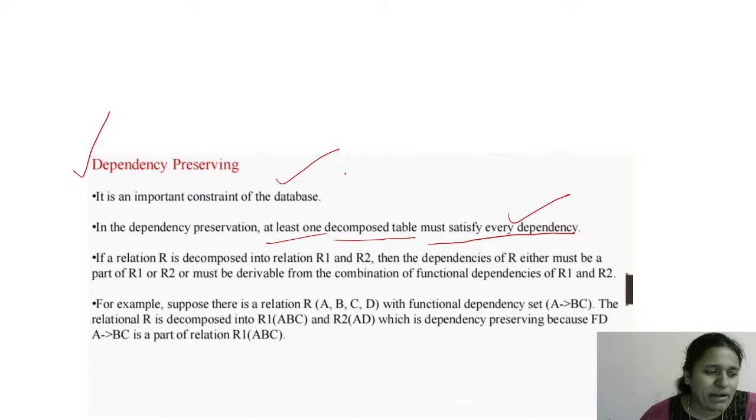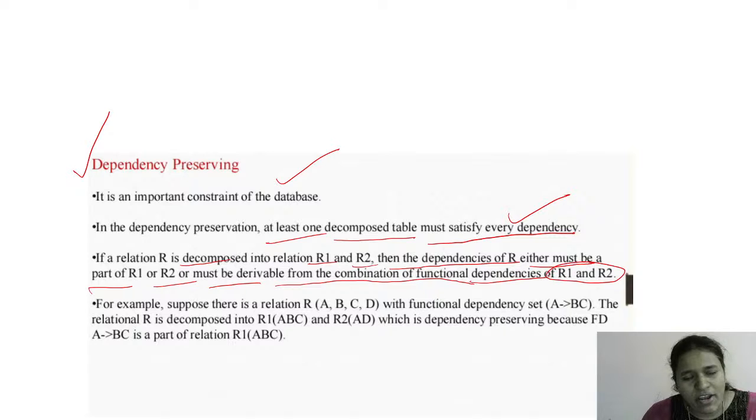That is called dependency preserving. We will see with an example. If a relation R is decomposed into R1 and R2, then the dependencies of R must either be part of R1 or R2, or must be derivable from the combination of functional dependencies of R1 and R2.